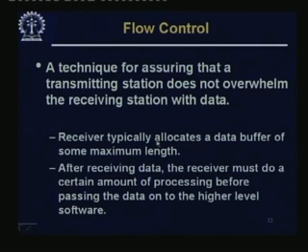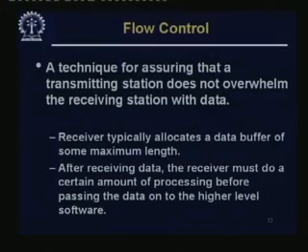The receiver typically allocates a data buffer of some maximum length. Okay. You cannot store an arbitrary amount of data on the receiving side. So, there will be a very finite, sometimes quite small buffer on the other side.